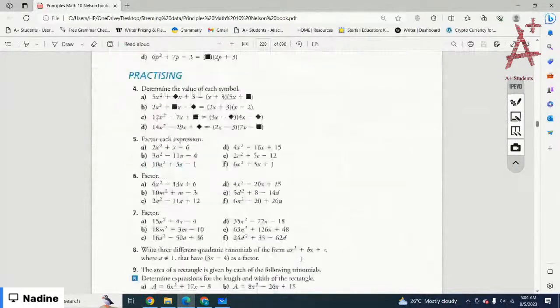Here it is, question number 4. Determine the value of each symbol. So one of the values is missing. You have to calculate the missing value. So how do we calculate? Okay, hold on.